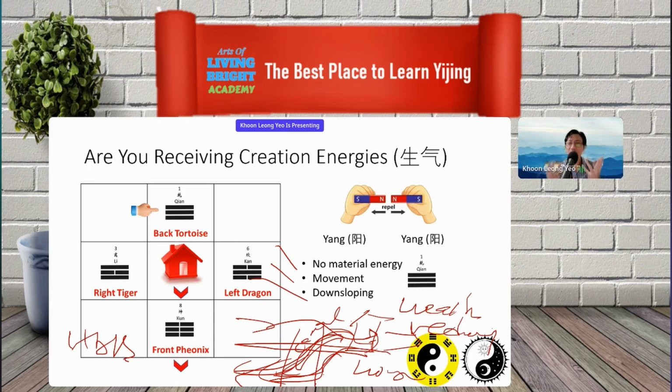Very smart, Lin. Symbolism: downward sloping is always symbolizing something that is reducing, right? It's always going out, right? And when you pour water, where's the water going? Where the water goes is where the qi goes. You get my point? One way to test where the qi is going, pour water. Where the water goes, the qi goes.